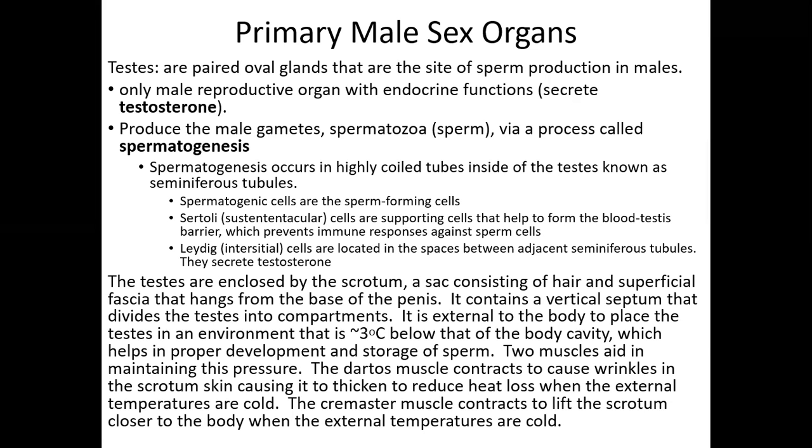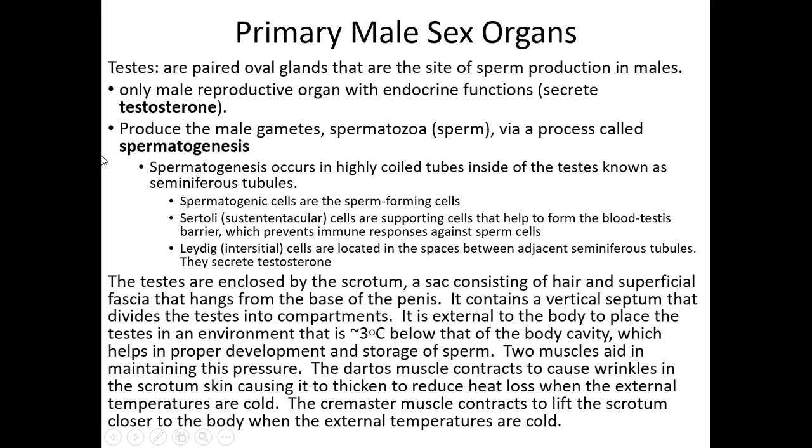Okay, we've already mentioned that the testes are the primary male sex organs where sperm production takes place. We've also talked about the testes previously and their role with the endocrine system secreting hormones like testosterone. And testosterone is a hormone that is very involved with the production of these male sperm cells, or spermatozoa for more formal.